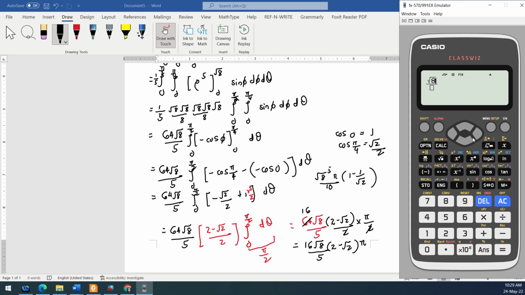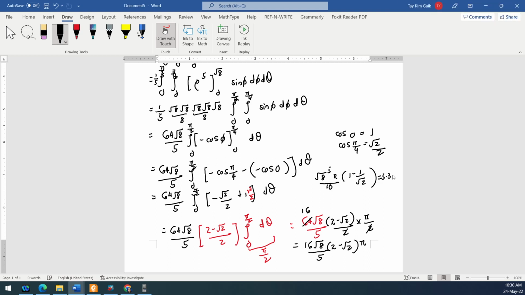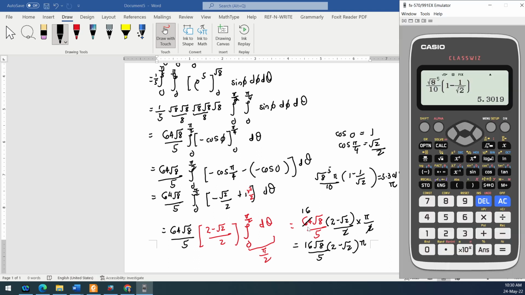I just convert the other one: 1 minus 1 over root 2, that's 5.3019. So 5.3019 pi. Okay, let's see this one.